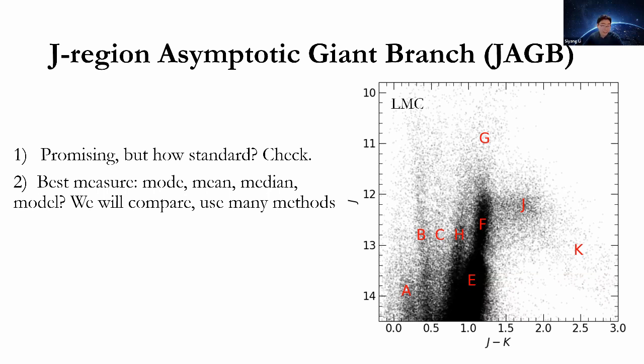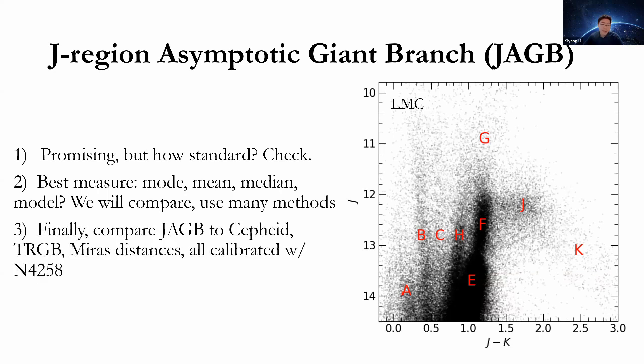I'll be comparing many of these methods. And finally, I'll be measuring distances to our 4 host galaxies using the JAGB method and comparing those distances to those established using Cepheids, TRGB, and Miras, all calibrated using the same anchor galaxy.